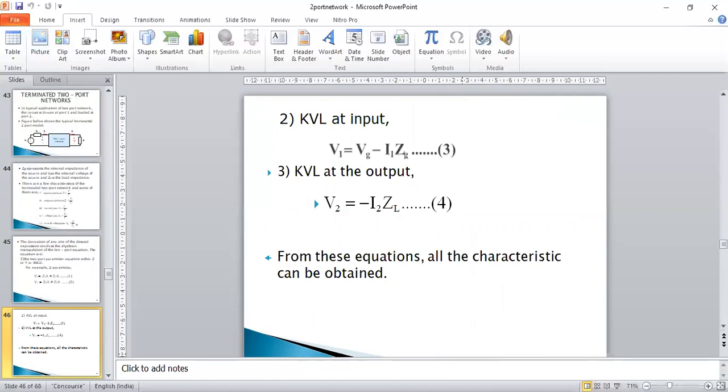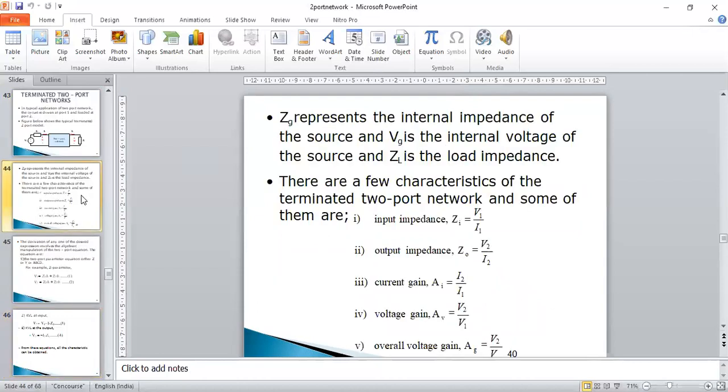Mind you, what I have said, these are the three basic equations. By applying these three basic equations, all the characteristics can be obtained. The ABCD characteristics, that means all these parameters can be found by using this formula, right?